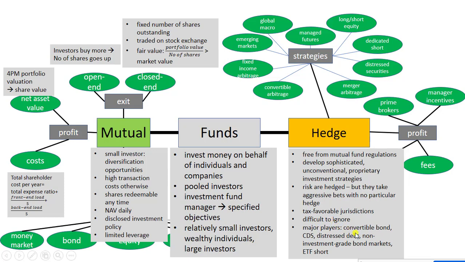And they are major players on the convertible bond, CDS market, distressed debt, non-investment grade bond markets, ETF markets, and we need them because they provide liquidity. So both mutual funds and hedge funds are necessary to a well-functioning market. Hedge funds especially for risk management.